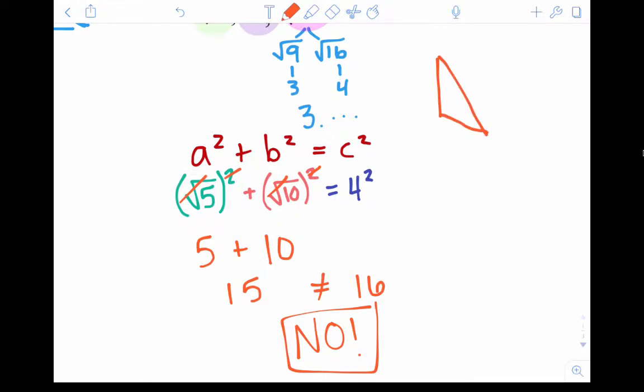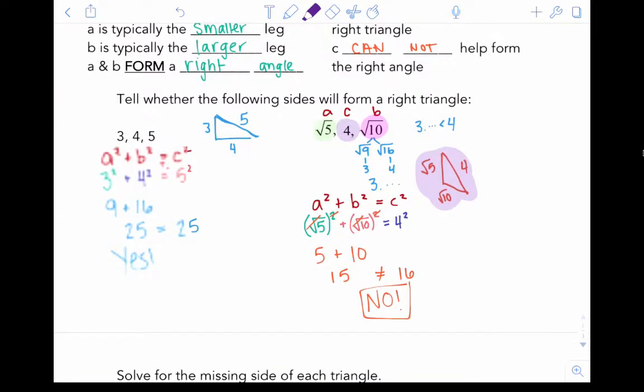So it's going to look something maybe like this. So maybe this is going to be square root of 5, square root of 10, and 4. You don't need to draw this out on your homework. I just wanted you to be able to visualize what these triangles actually look like. All right, so that's how you figure out whether or not the three sides will form a right triangle.